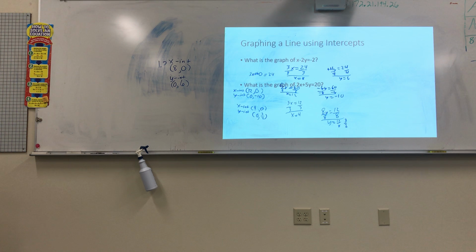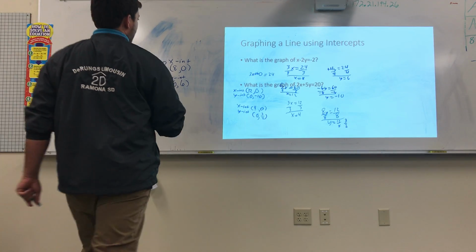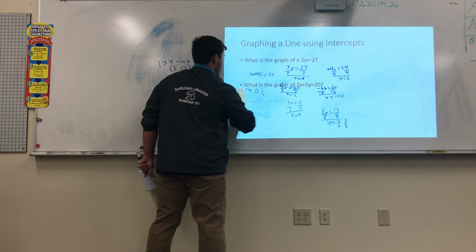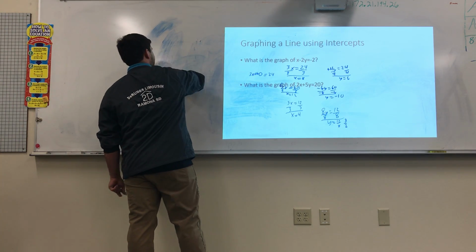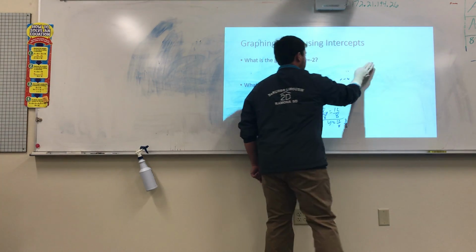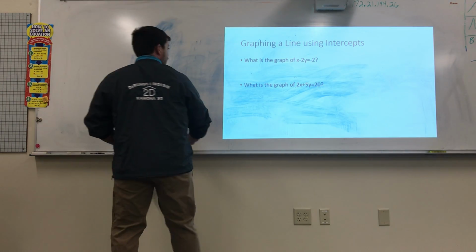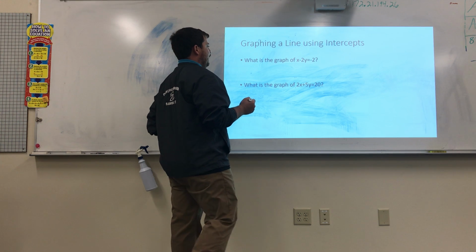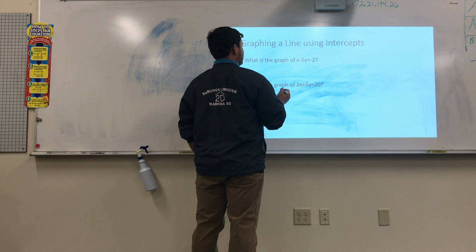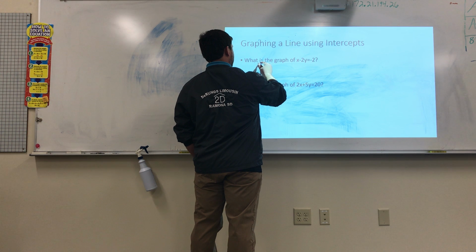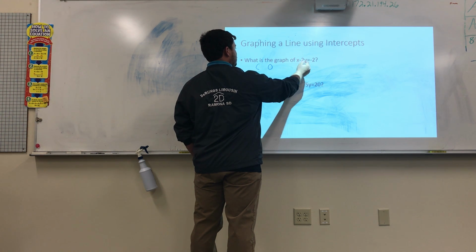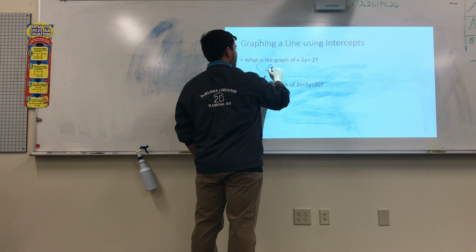Graphing a line using intercepts. The nice part about graphing with intercepts is that when y is 0, x is going to equal negative 2.